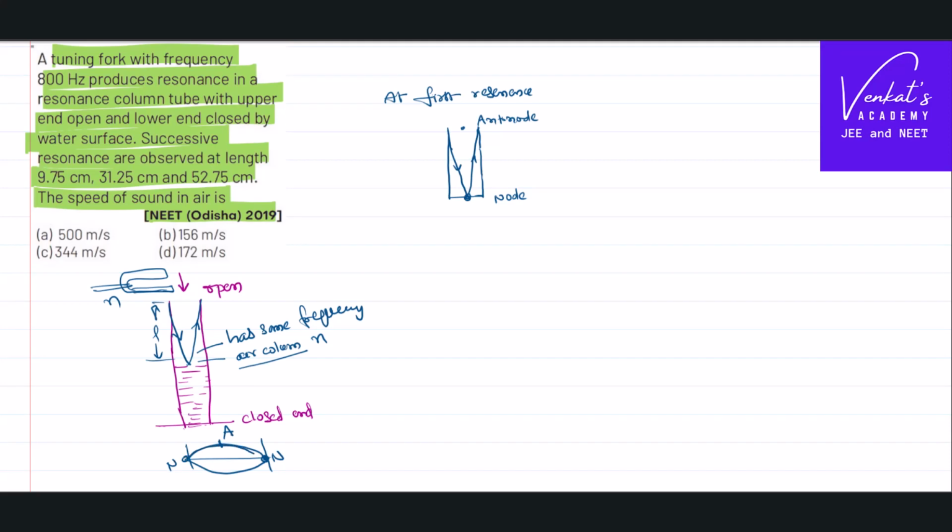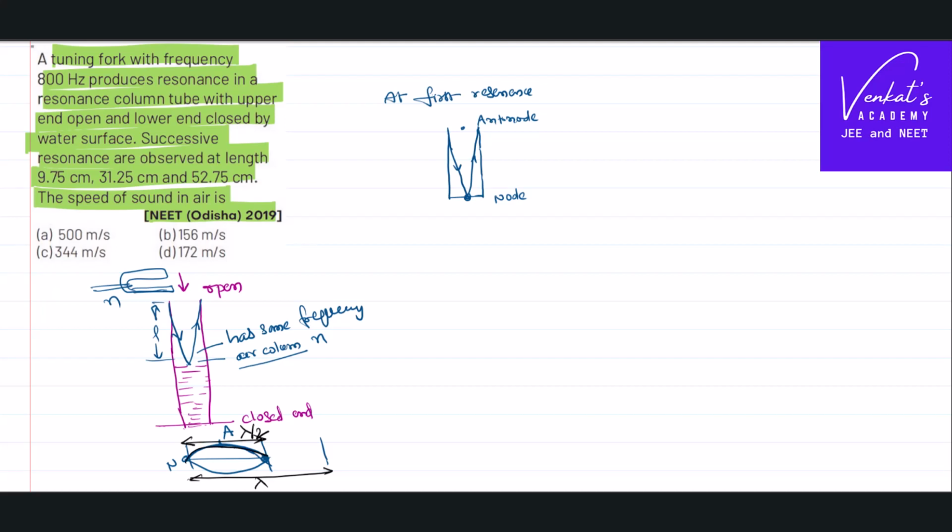If you notice, only a part of the wave is there, and the remaining part is not. But if you imagine that part, the total length is equal to lambda, because this is a complete wave. Since the second part is not there, the length of this segment is only half of that, lambda by 2.